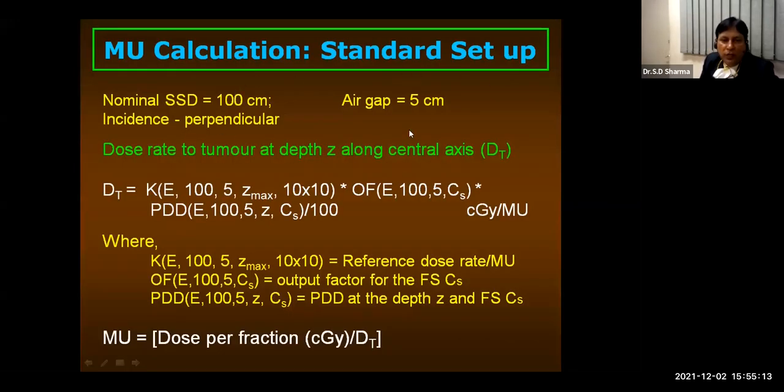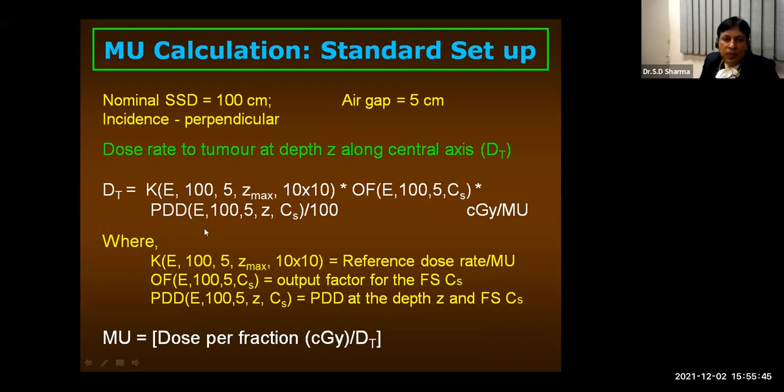Now, for monitor unit calculation, the approach is once again to focus on calculating the tumor dose rate. So here, this is the reference output as recommended by IAEA TRS 398, for example. Then the output factor of the cone, which is measured for each energy, with an air gap of 5 centimeter and SSD of 100 centimeter, and the applicator projected field size at the ISO SSD.